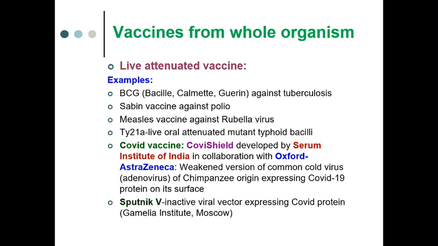But the bacteria or the virus is alive when it enters the target host, but does not cause the disease because it has lost the ability to cause the disease. Therefore, such vaccines are called live attenuated vaccines.